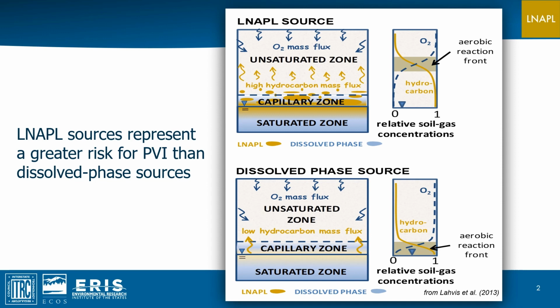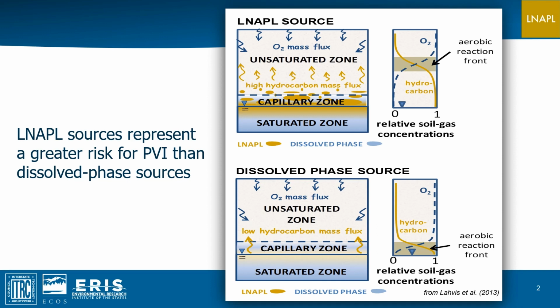In addition, LNAPL sources will typically contain hundreds of times more source mass than dissolved phase sources, so they'll stick around longer in the subsurface. Lastly, the vapors that emanate from an LNAPL source will tend to biodegrade at slower rates because conditions in the vadose zone near an LNAPL source often become anaerobic or limited by oxygen availability.